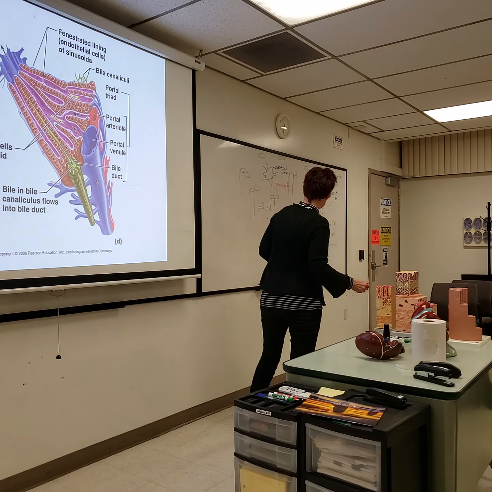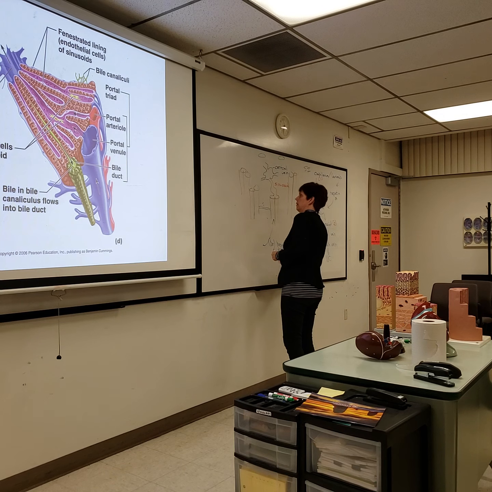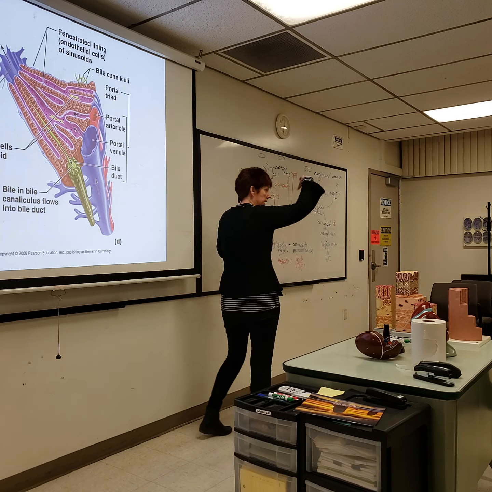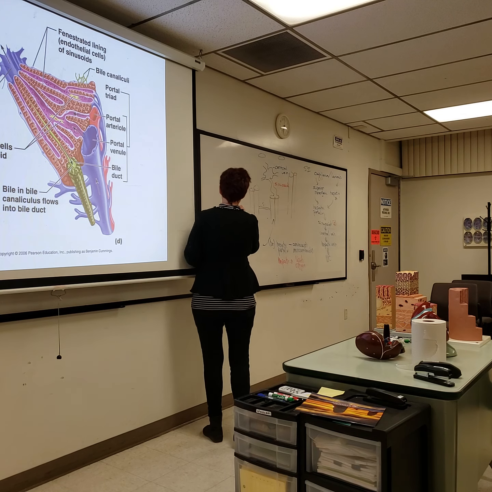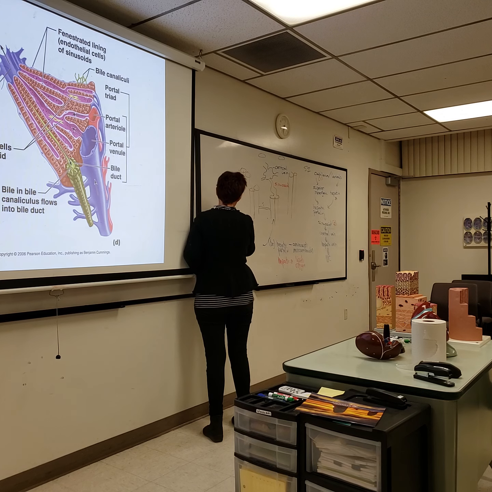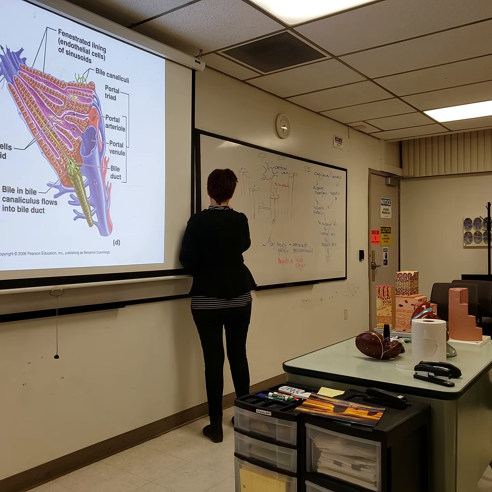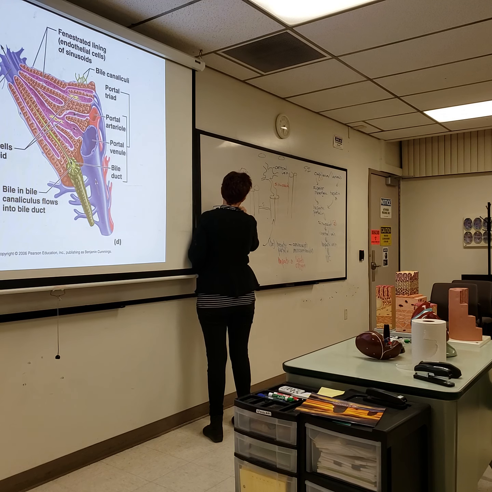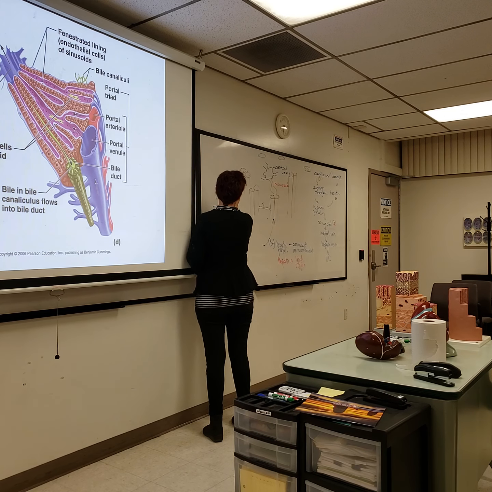So essentially, I'll erase one of these corners here. Well, I'll do it here. So looking down on the top or the side, which way you will. So this is the hepatocyte.